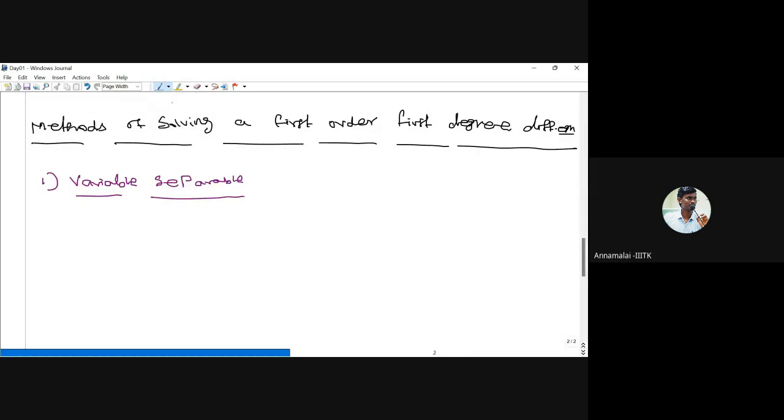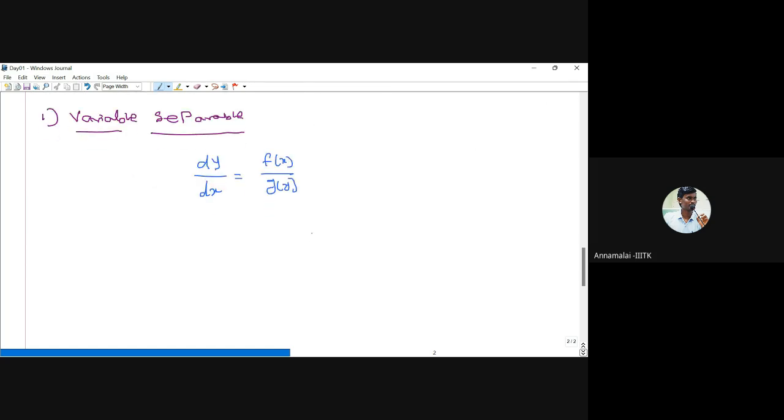If you take any first order first degree differential equation, we rewrite it in the form dy by dx equal to f of x by some function of y. Just cross multiply, we get g of y into dy equal to f of x into dx. We separate all the y's on one side and all the x's on the other side. Now we integrate both sides.